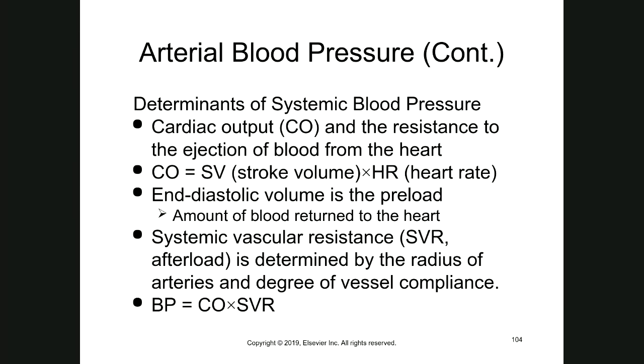You have it over there. Many people, for some reason, thought that was the heart rate. No, that is cardiac output. Heart rate multiplied by stroke volume gives you the cardiac output, and the cardiac output multiplied by the systemic vascular resistance will give you the blood pressure.